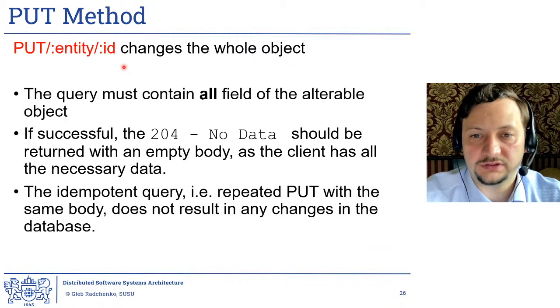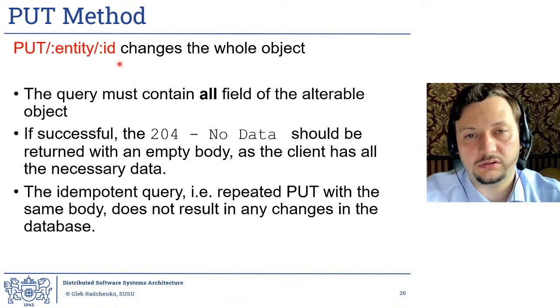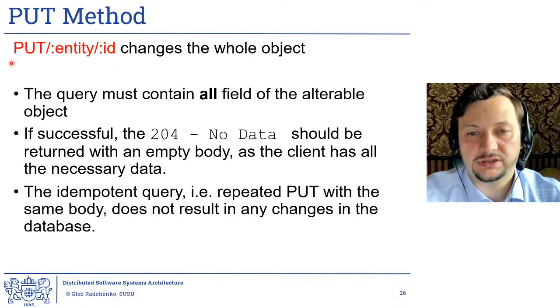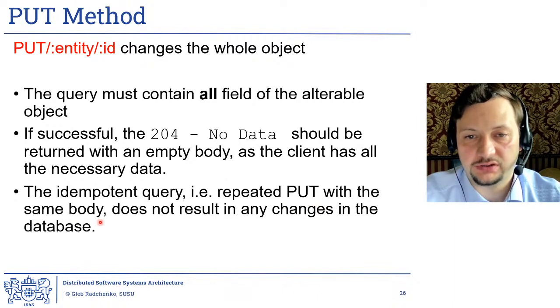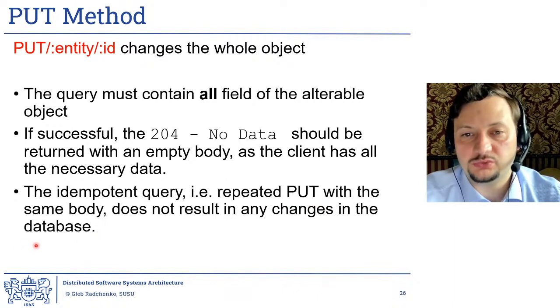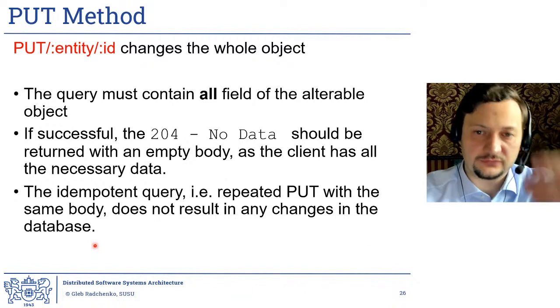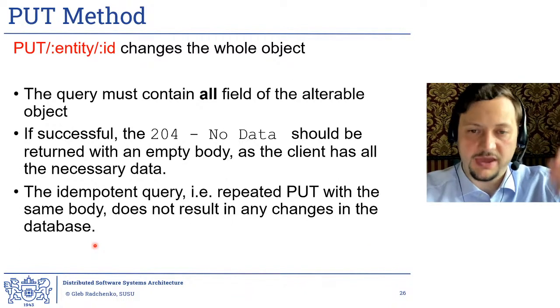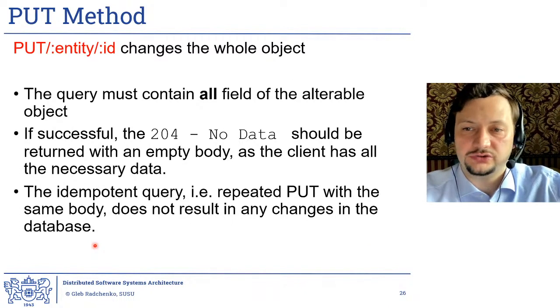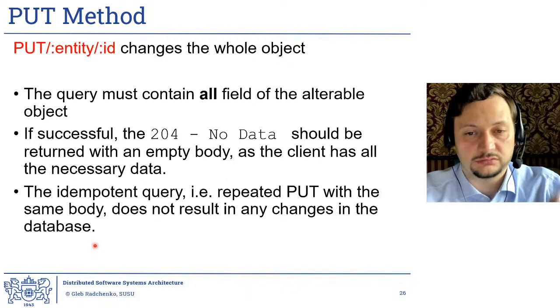In the PUT method, you change the entity that is already there, and if you repeat this method with the same body, then the database would not be changed, because if you make this request several times, you just update the same object with the same parameters.